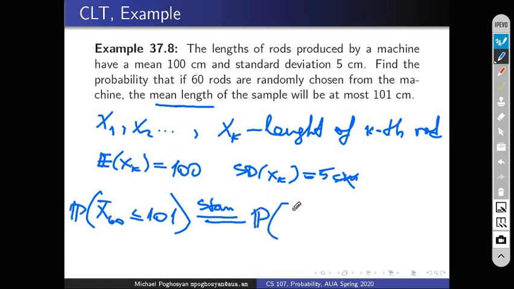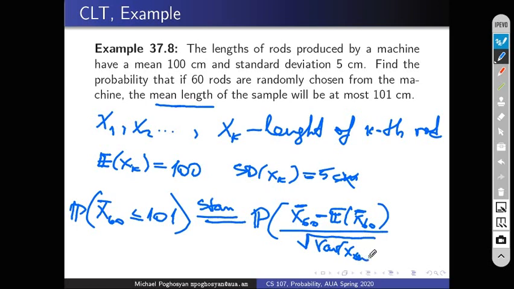To that end, I'm subtracting the mean of that and dividing by the standard deviation, or the square root of the variance of x60 bar. Doing the same with the other side, minus the expected value of x60 bar over the square root of the variance of x60 bar.